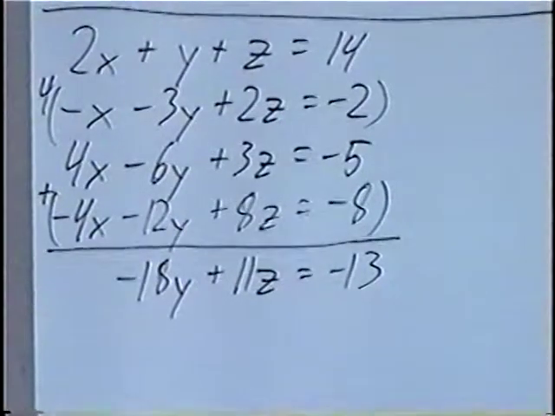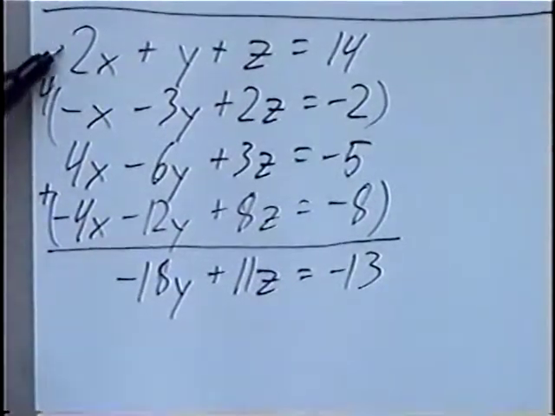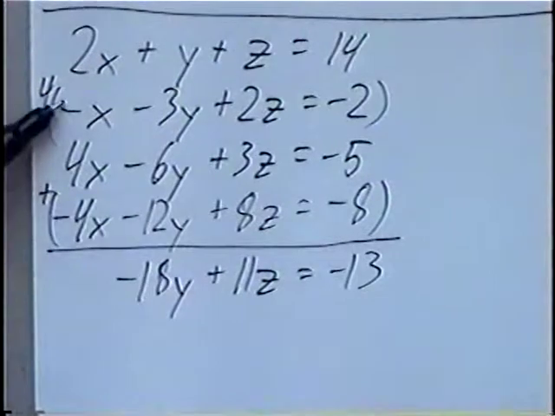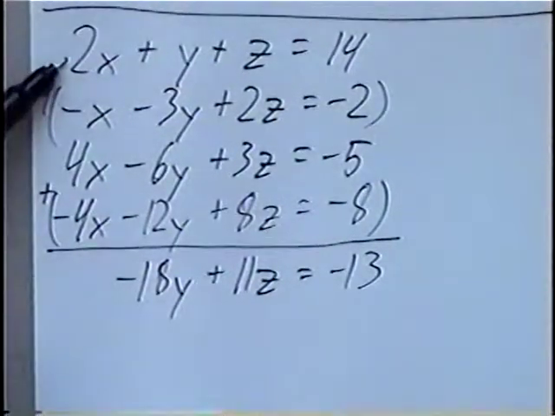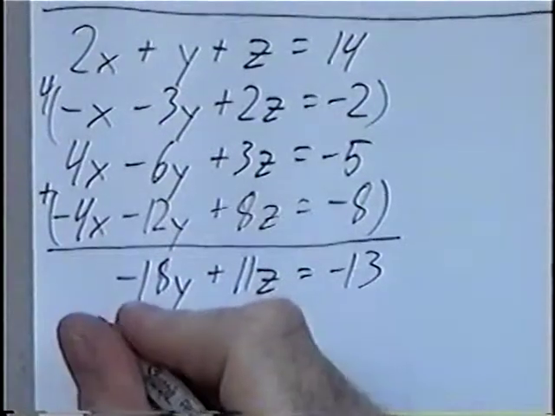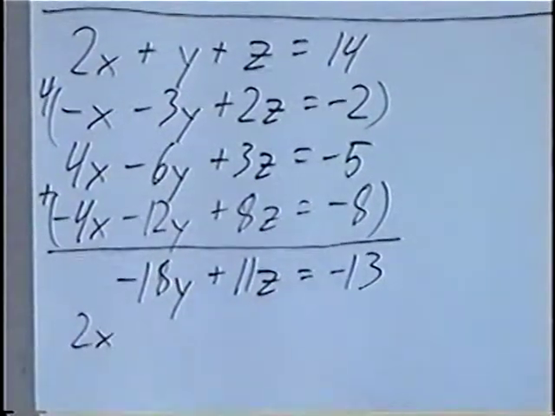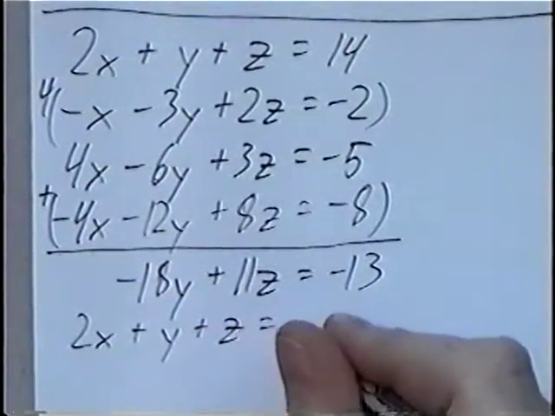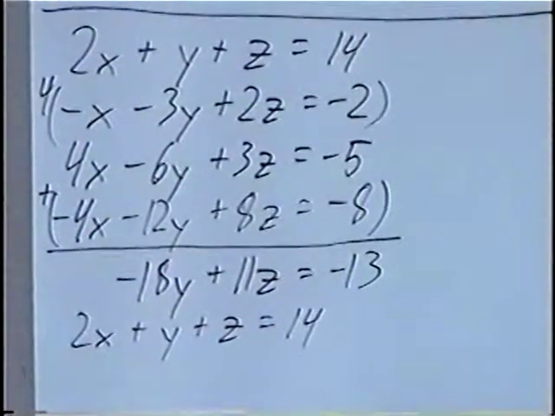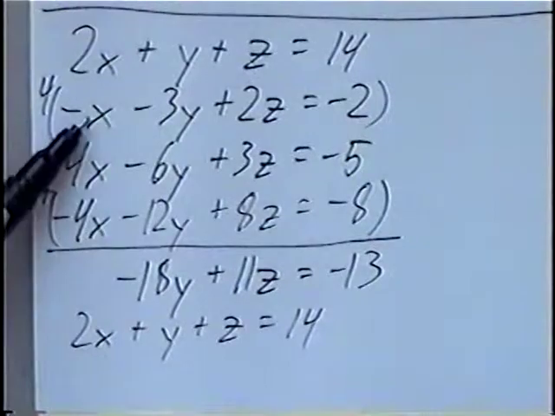Now what we can do is go back and use the very first equation, which we did not use, and use either of the other two equations to eliminate that same variable, which will eliminate x. For example, if we rewrite the first equation, 2x plus y plus z equals 14. And then we can take the second equation.